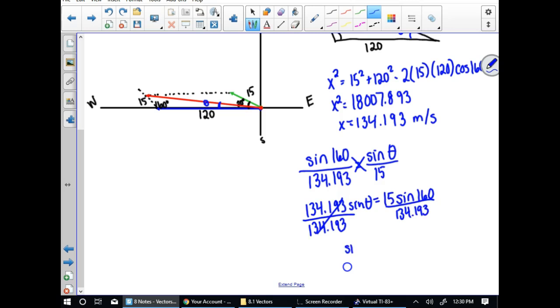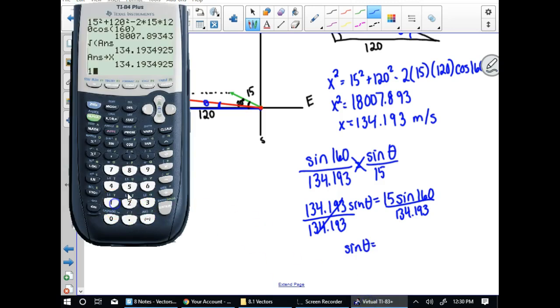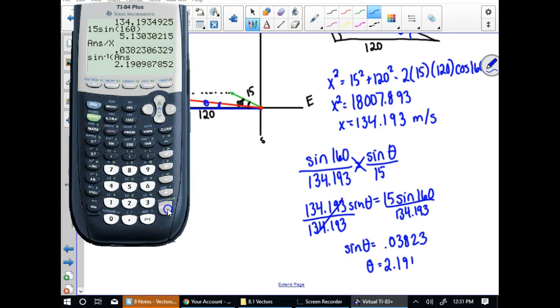So sine theta is going to be 0.03823. And if we do sine inverse, we're going to get theta equals 2.191 degrees.